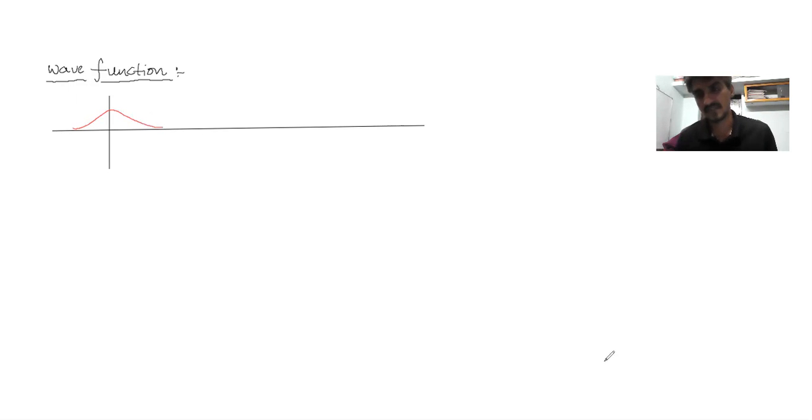If this is a pulse, then after some time it goes to some distance. The particles in the rope will move in the y direction, so this pulse will move along the x direction.